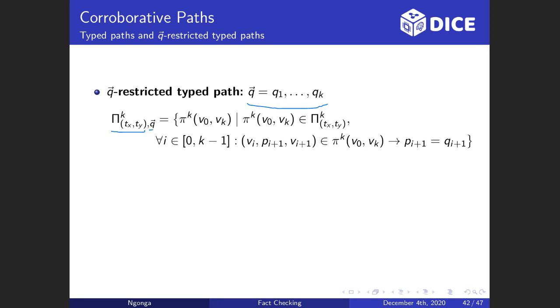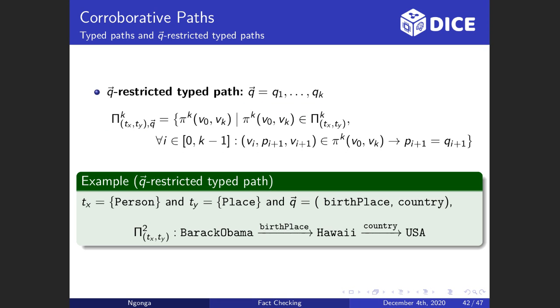It must be exactly the sequence which is defined in this vector. So you can have the Q-restricted typed path between persons and places where Q is birthplace, country, which will give you exactly this path as an instance between Barack Obama and USA.